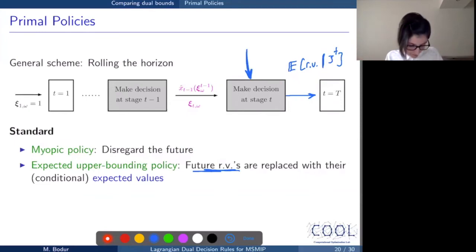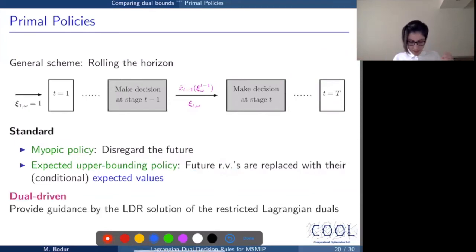So our idea would be, now that we have these restricted LDR-based Lagrangian dual problems, and we will get our, remember, LDR candidate solutions, we would like to drive these policies using those LDR solutions from our restricted Lagrangian problems.